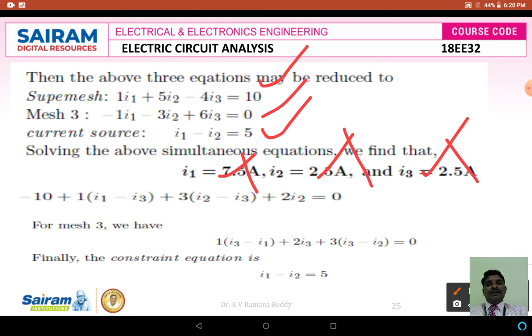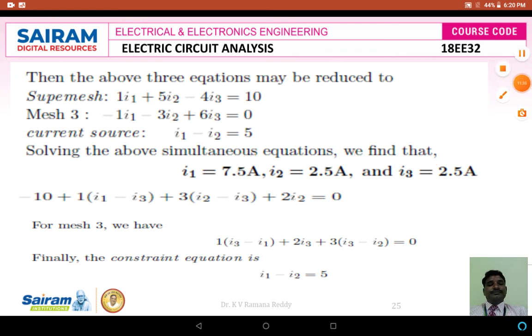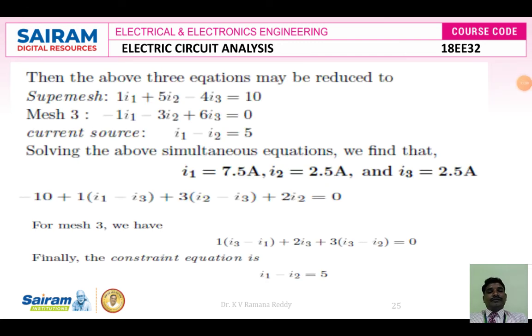Therefore, finally the constraint equation I1 minus I2 is equal to 5 amperes has been verified here. Thank you.